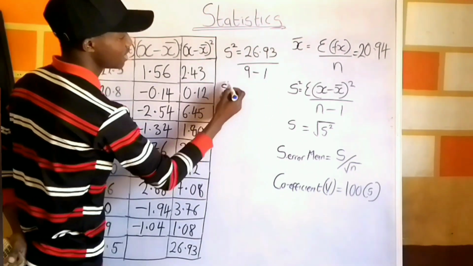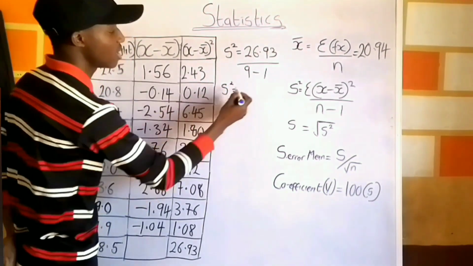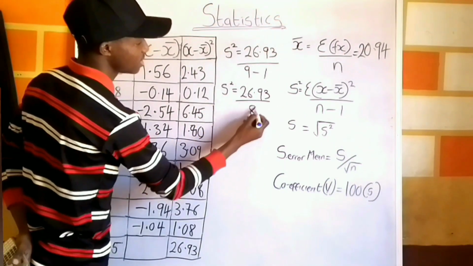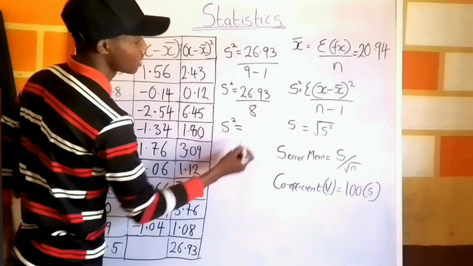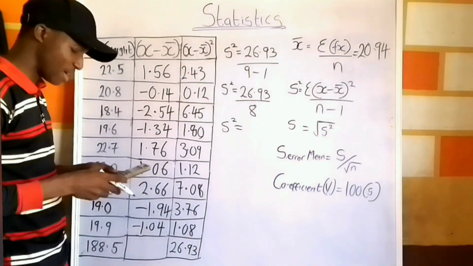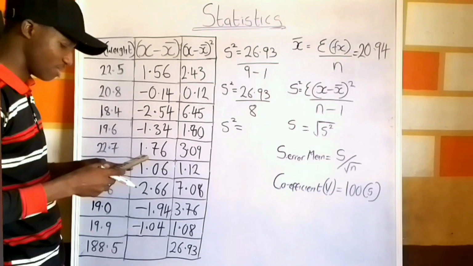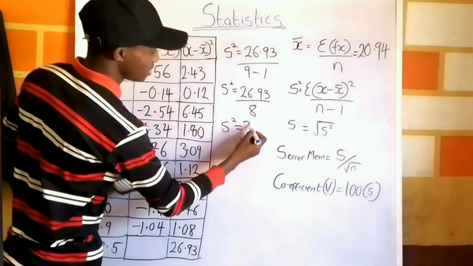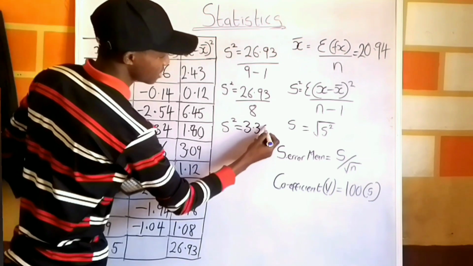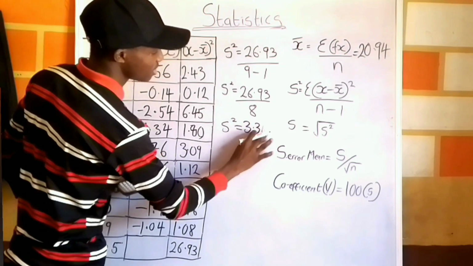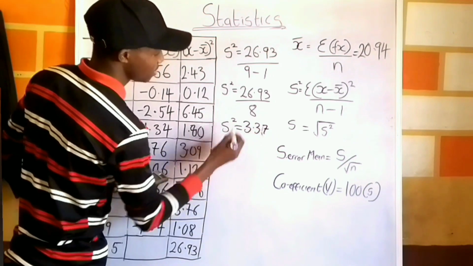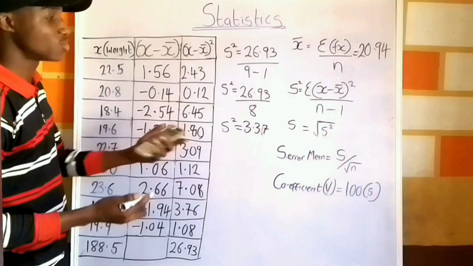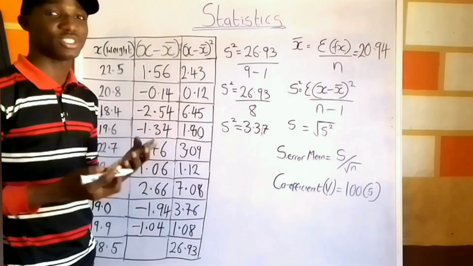So S squared is equal to 26.93 all over 8. 26.93 divided by 8 is 3.36, approximately 3.37. So the variance is 3.37.